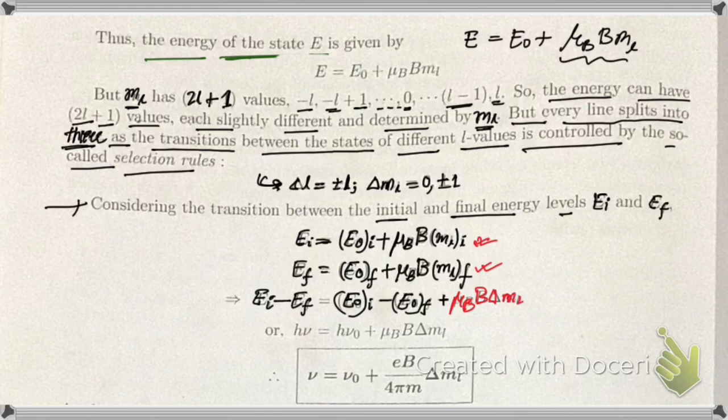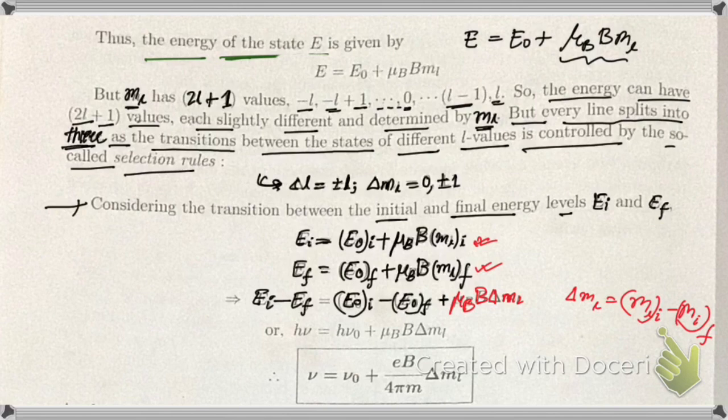Here this del ml is nothing but the difference mli minus mlf, right?